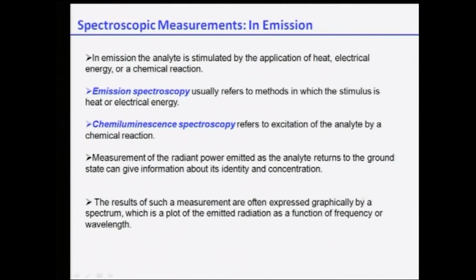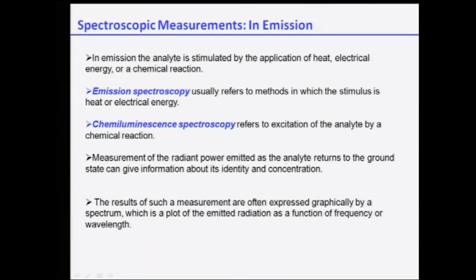Then you can have chemiluminescence spectroscopy. In this case the sample is excited not by heat or electrical energy, but by chemical reactions. That is why it is called chemiluminescence spectroscopy. So measurement of the radiation power emitted when the material comes back to the ground state can be used, in both cases, to identify and measure concentrations.